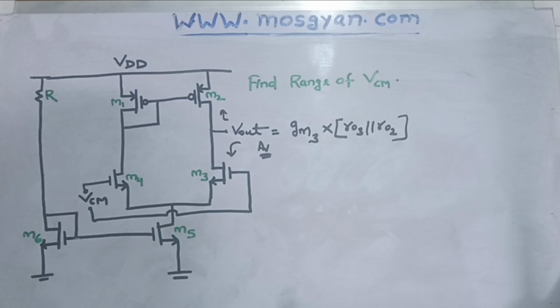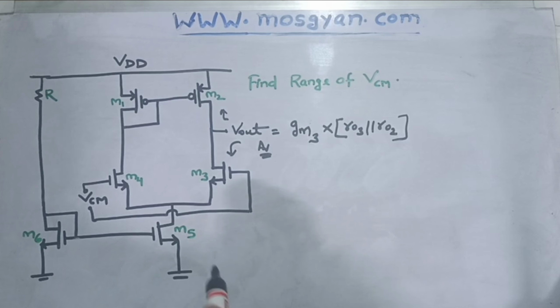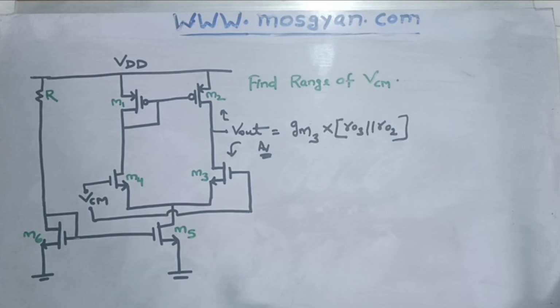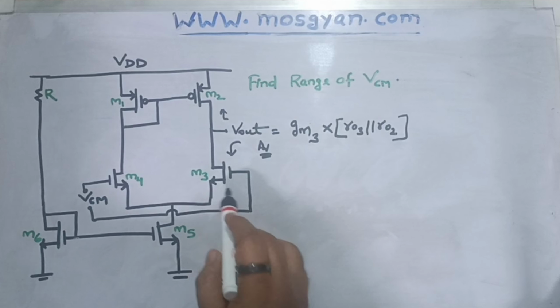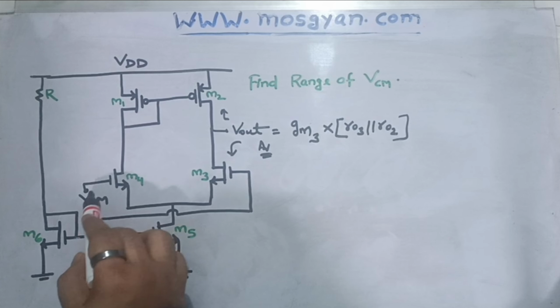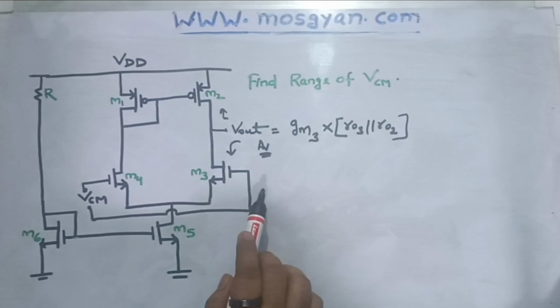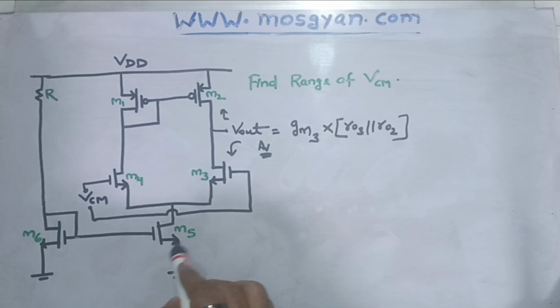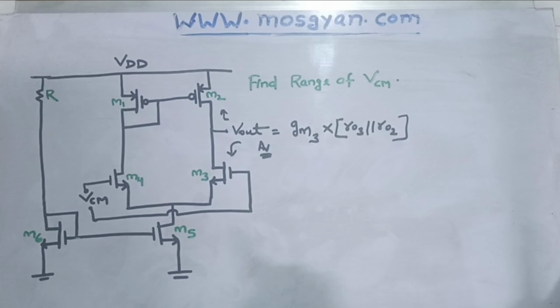Now we know if we have to get a good gain from the circuit, it is important to operate this op-amp in saturation mode of operation, because as soon as we, let's say, apply a very small voltage at the gate of this differential pair, what will happen, because of the low voltage, this MOS will be going into the triode region, right?